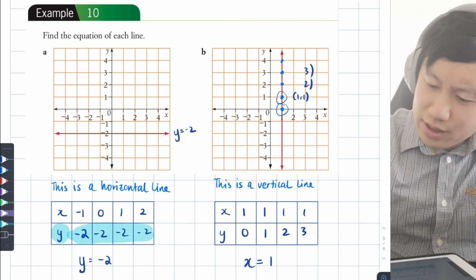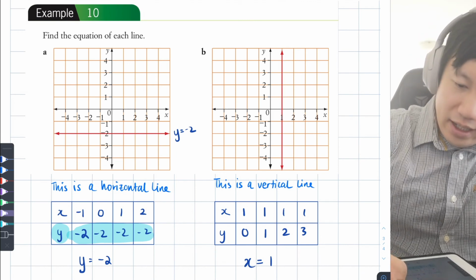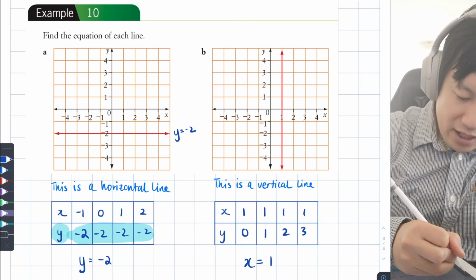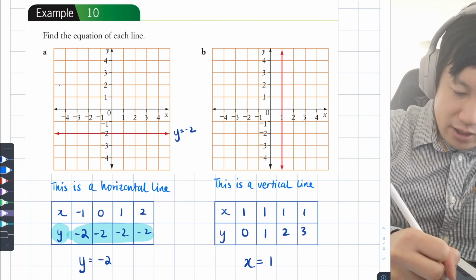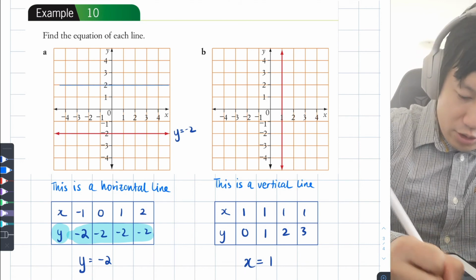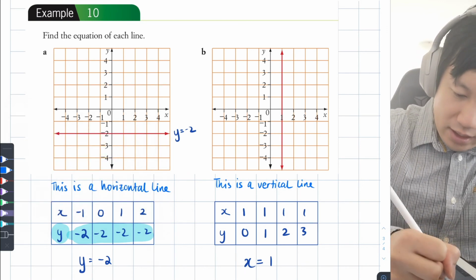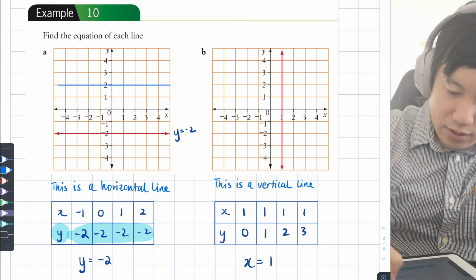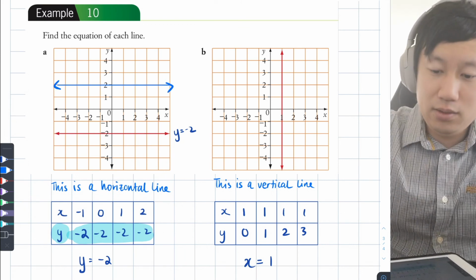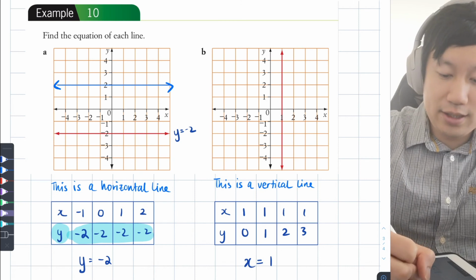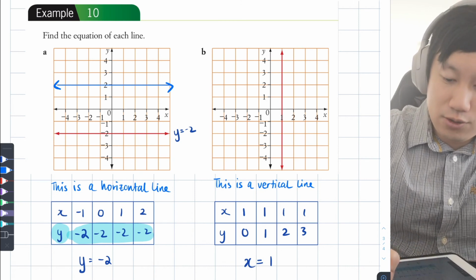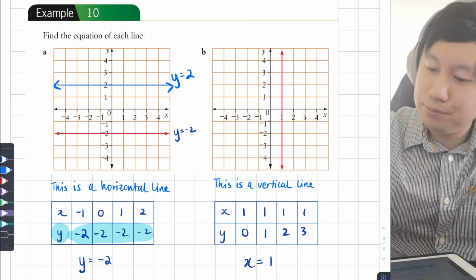I can give you another example here to do with both of them. If I have, for example, this line here, I'm just going to draw it a little bit thicker. That horizontal line is crossing the y-axis at 2, so I'm going to say that's y equals 2.